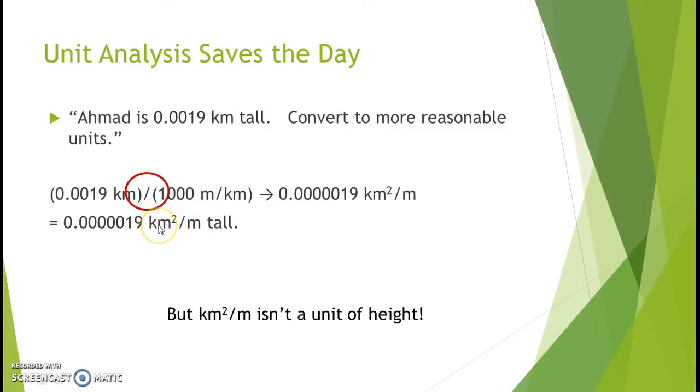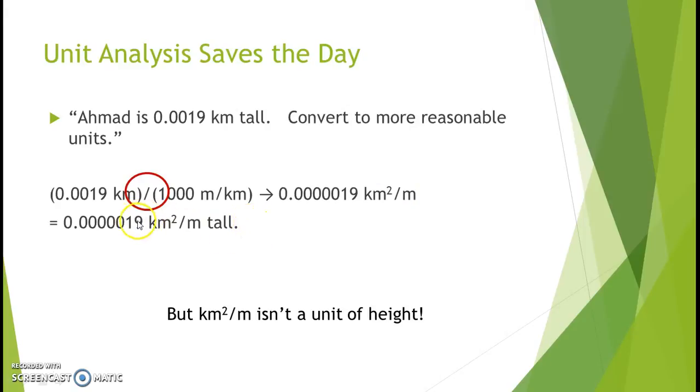And notice what happens. Instead of getting meters as our answer, when we divide by meters per kilometer, kilometers goes up to the top, and we multiply kilometers times kilometers. Meters moves to the bottom, and it doesn't cancel. Our units become kilometers squared per meter, which isn't meters at all, and isn't a measure of distance, unless we do some canceling.